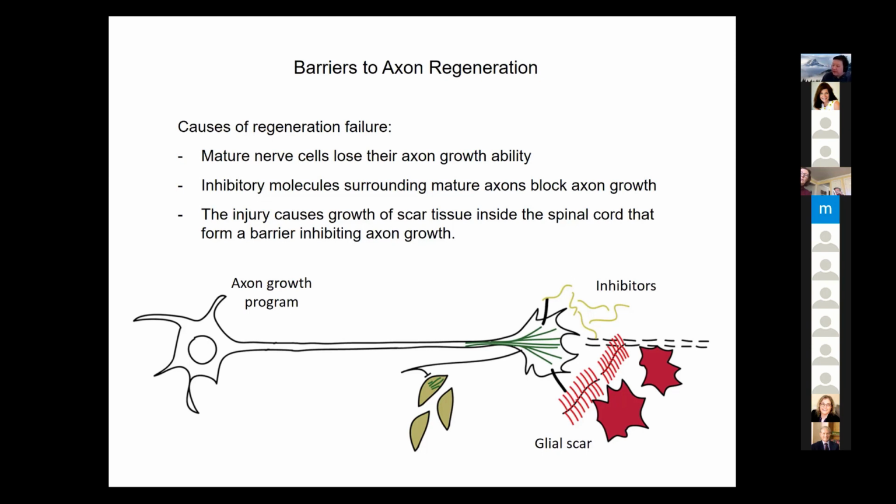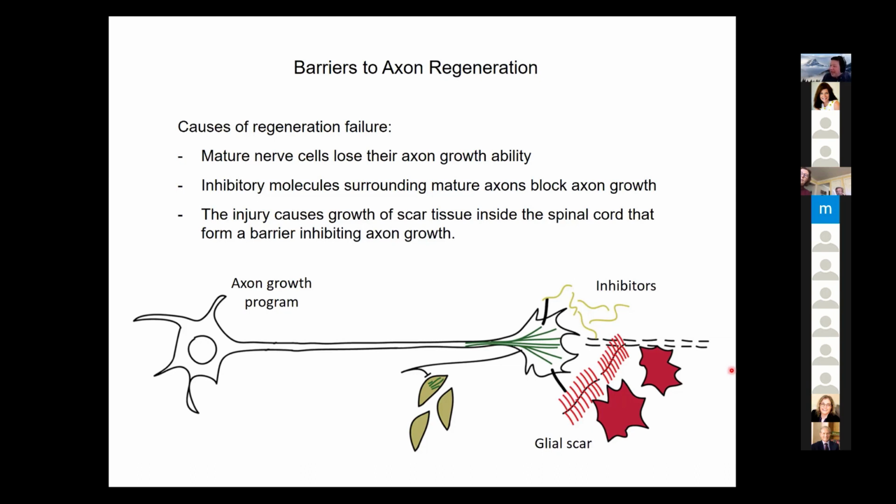In contrast, injury to a peripheral nerve triggers expression of these molecules in mature peripheral neurons. This is a very important difference between central and peripheral neurons, and has inspired a lot of research aiming to induce the expression of growth and regeneration associated genes in the adult central neurons.